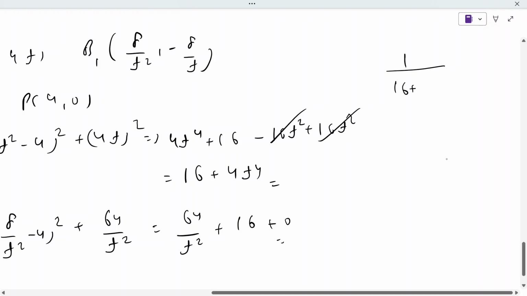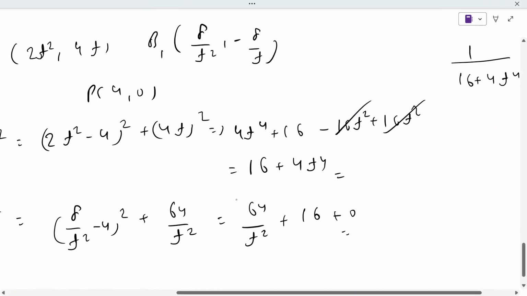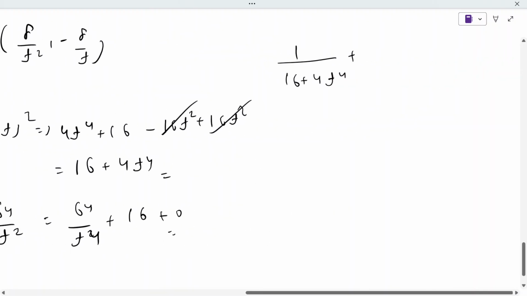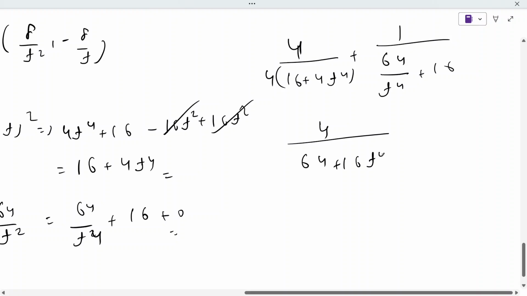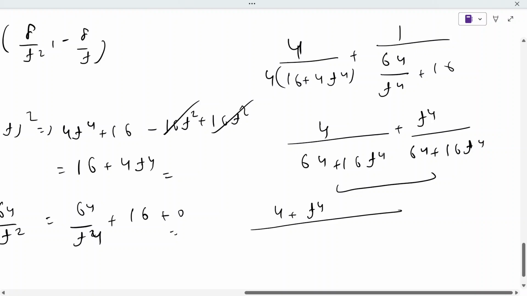So if we reciprocate this, what we got is 1 by (16 plus 4t to the power 4) plus, I made a mistake here, 64 by t to the power 4 plus 16. Multiplying numerator and denominator by t to the power 4, we get 4 upon (64 plus 16t to the power 4) plus t to the power 4 divided by (64 plus 16t to the power 4). Clearly these are the same, so we can write (4 plus t to the power 4) divided by (64 plus 16t to the power 4).